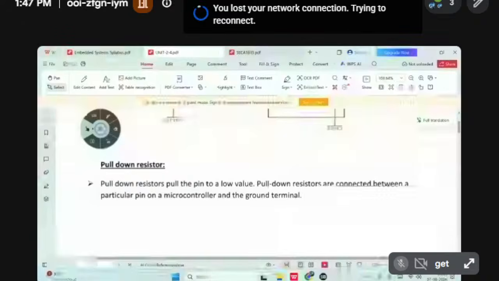Whenever we have excess current, the embedded system may get damaged. To avoid that situation, the excess current should be passed through the ground terminal only. Note down this.